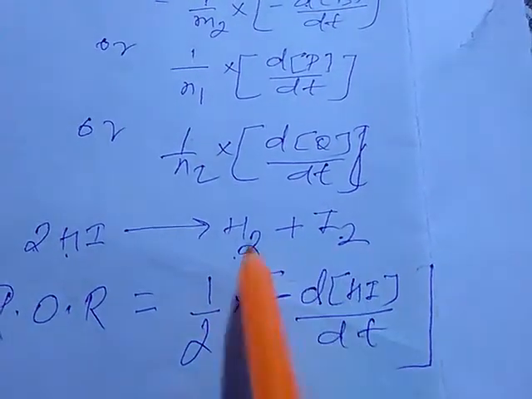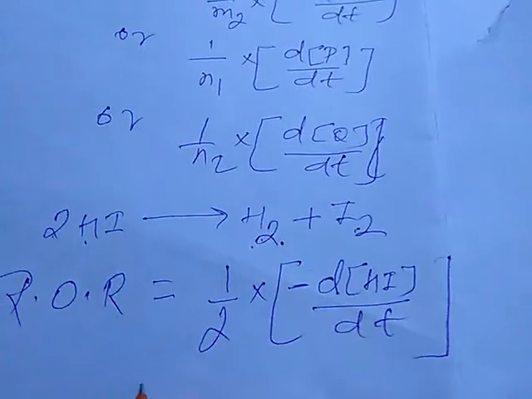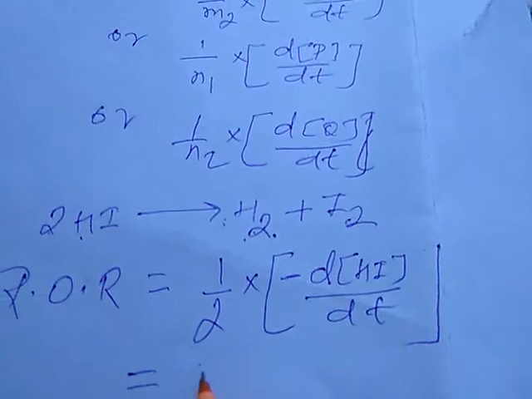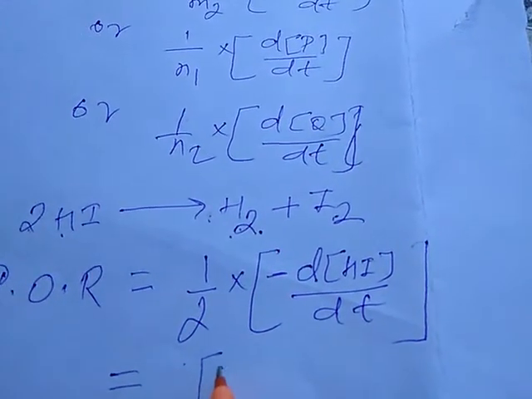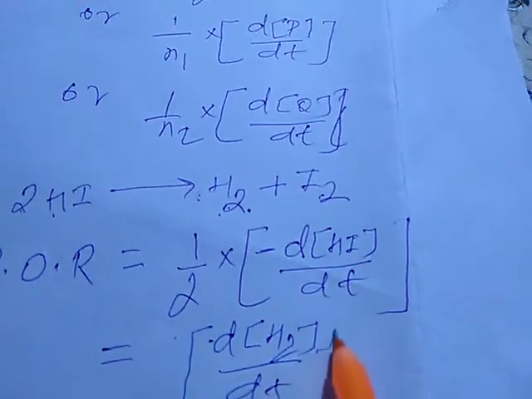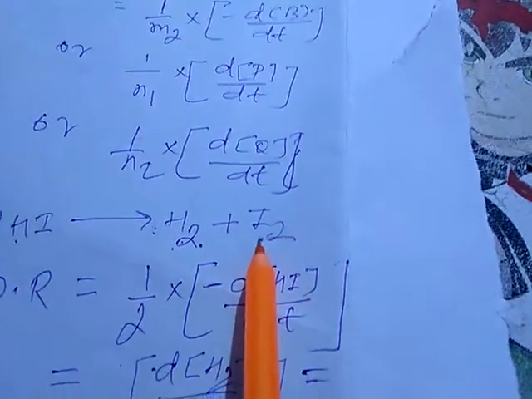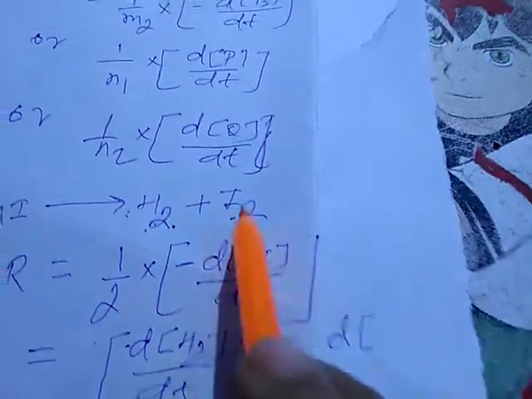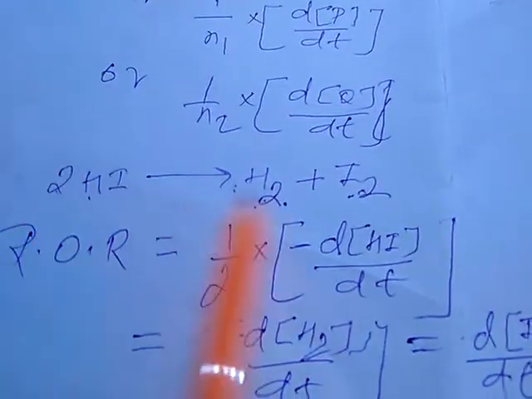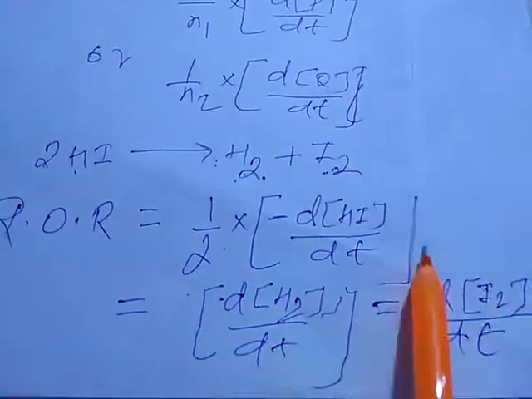We can also take it from the product side, so it will be equal to 1 by 1, the stoichiometry is 1 here so we will not show it, we will directly write d concentration of H2 by dt, or we can also take d concentration of I2 by dt for the rate of the reaction. So for this chemical equation, this is the rate of the reaction.